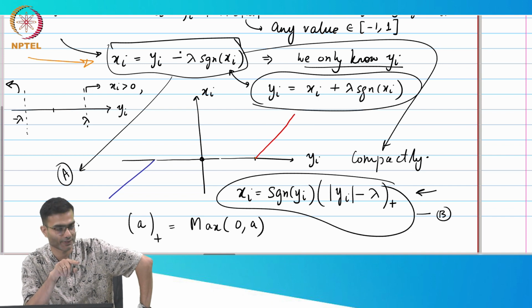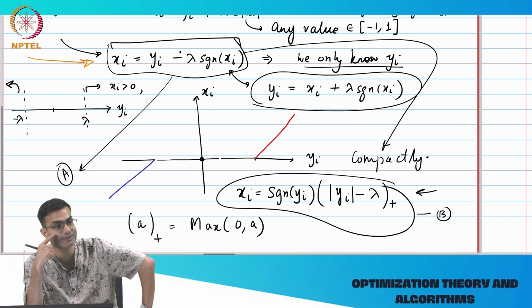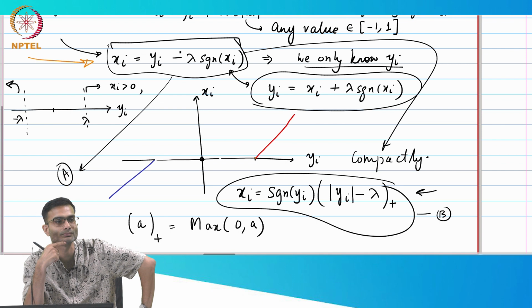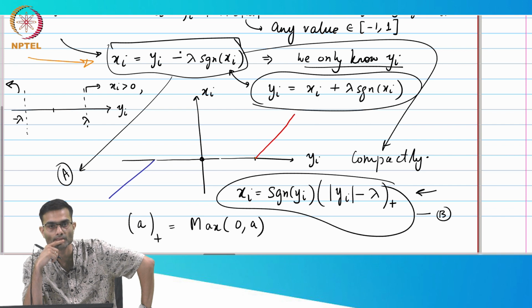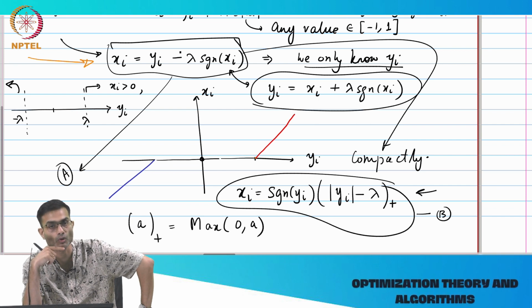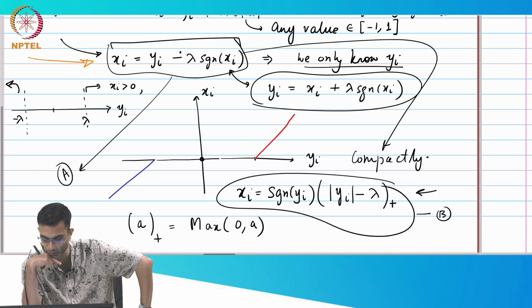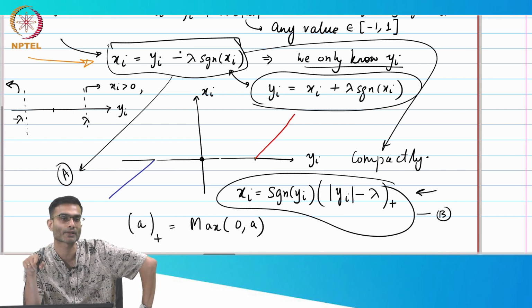By varying the subdifferential. But if I don't vary the subdifferential, correct, supposing I fix it at 0, for all the values. No, right? Because I'll only get xi equal to 0 no matter what value of y is between minus lambda and lambda.